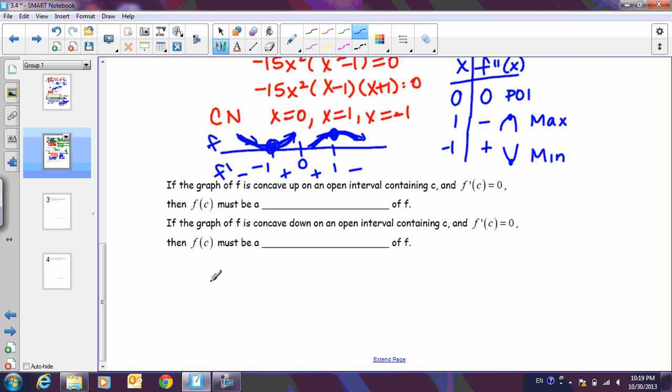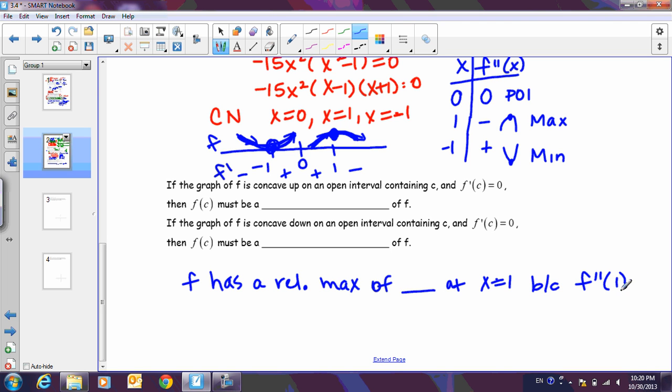We'll fill in these blanks in a minute, but I'm going to use this down here. So we would say that f has a relative max of, oops, I don't know what the max is yet. I wouldn't have known it whichever way I did it, so we'll come back to that. At x equals 1, and the reason is because f double prime of 1, remember, was negative.